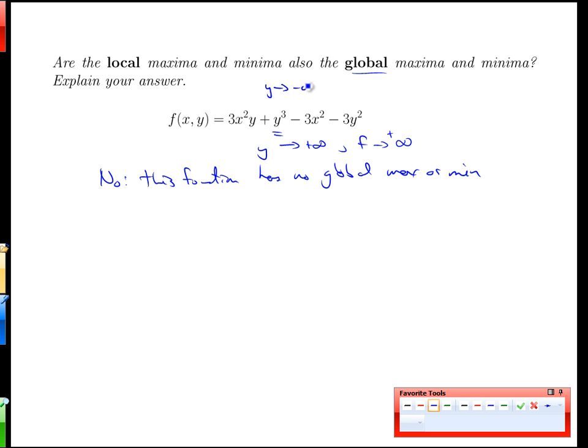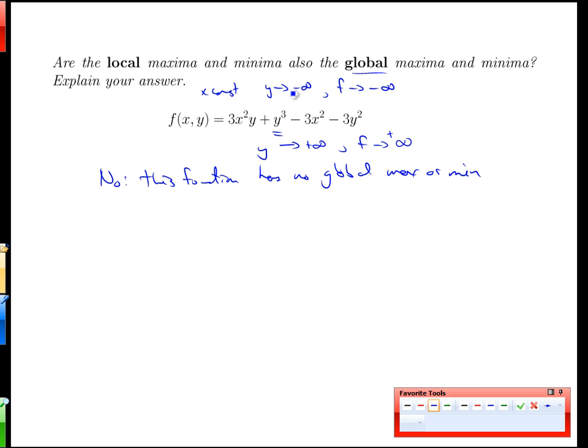Likewise, as y goes to negative infinity, well, we're going to cube those larger and larger values. They're going to be large and negative. And so our function will approach negative infinity if x is kept constant. And all we need is one direction where our function grows unboundedly. And as soon as we have that, then there can't be a global maximum.